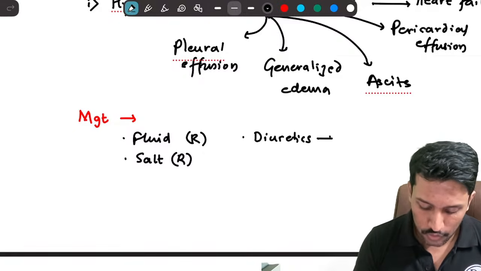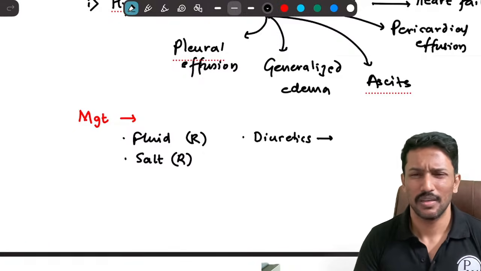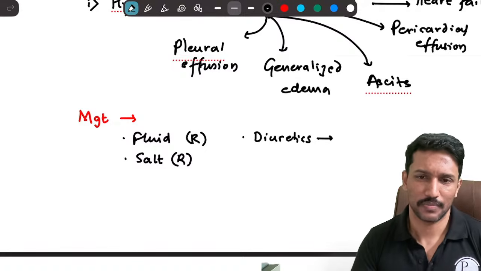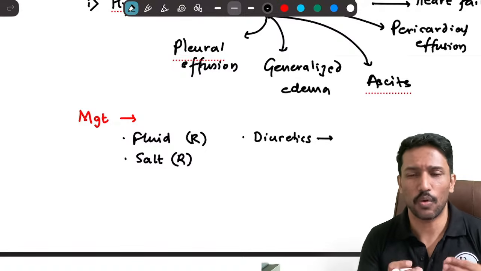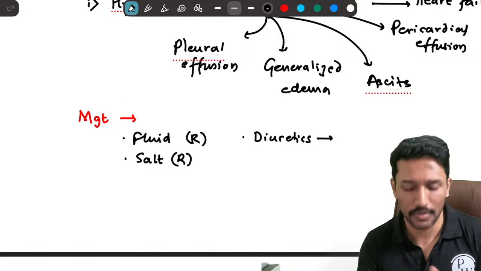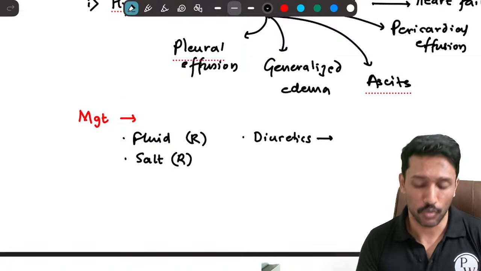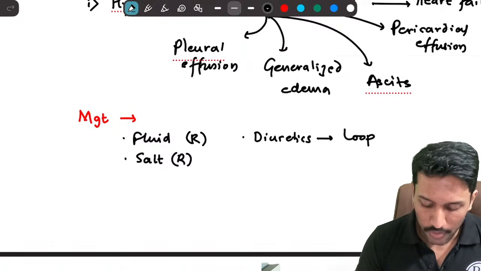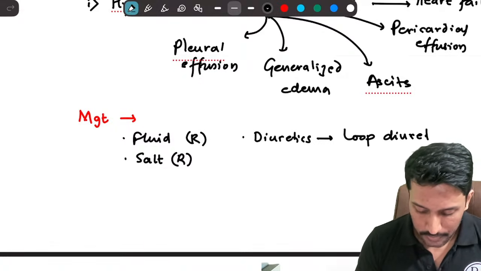And what diuretics are useful, especially in CKD patients? Thiazide diuretics are not sufficient, because thiazide diuretics are more ideal when you want a mild diuresis to reduce the BP. As an antihypertensive they're decent enough, but they're not good when you have volume overload. You need loop diuretics like furosemide.